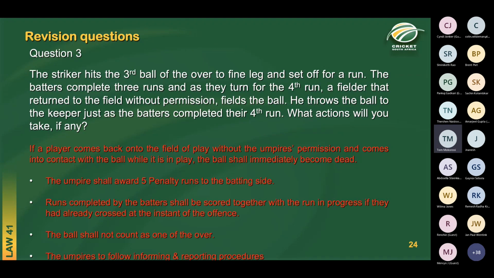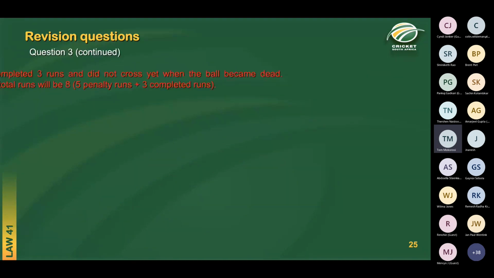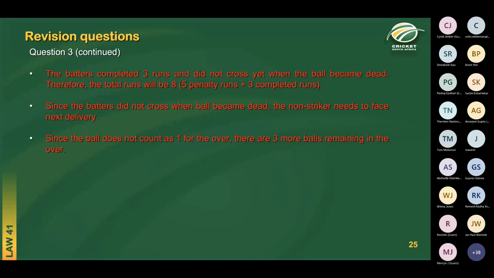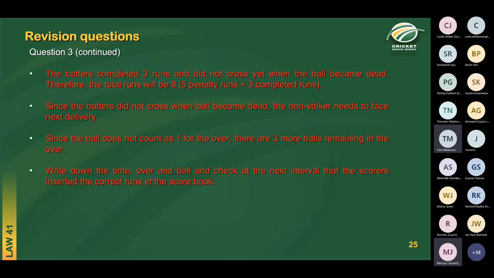So actually, if this was the 3rd ball and it doesn't count, then there should be 4 more balls to come in the over. There were 2 legal ones previously, and this 3rd one was not counting. So we still need 4 more balls to complete the over. I will change that for future reference.